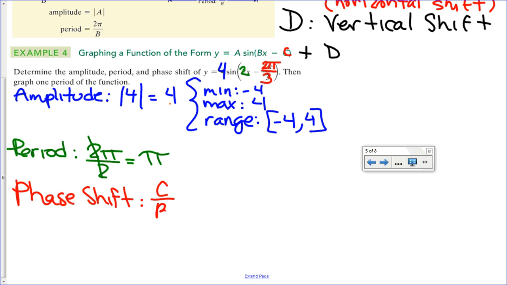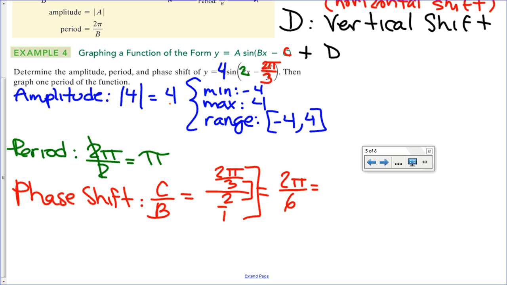C over B. Now, what is C? C is the 2 pi over 3. And B is this constant, the 2. Yeah, that's 2 sandwich rule. So 2 pi times 1 is just 2 pi. And then 3 times 2 is 6. Can we reduce this fraction? Pi over 3. Pi over 3.